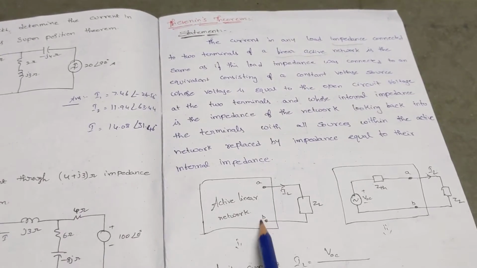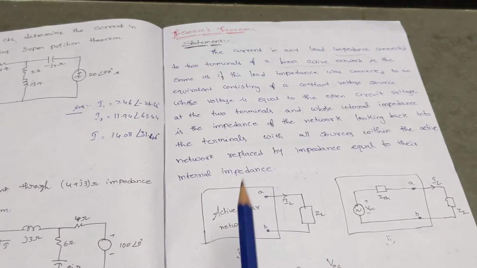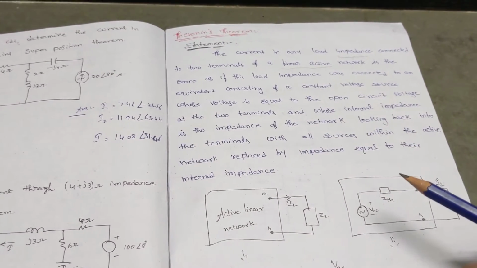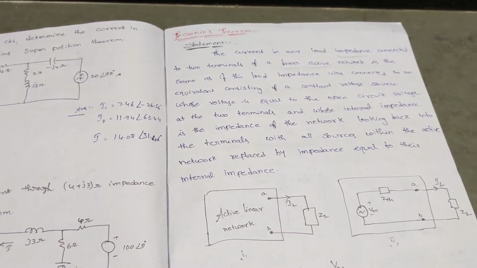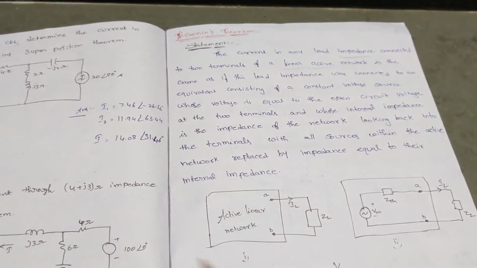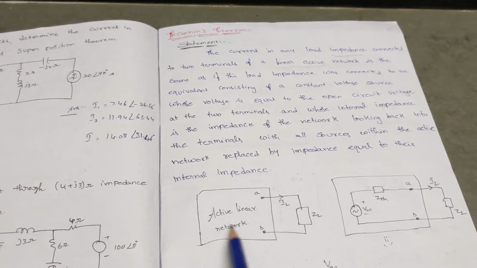So this is my network, my linear active network. Forget about what elements are inside this network. You may have a voltage source or current source connected to a set of resistors, a sort of complex network under this active linear network.